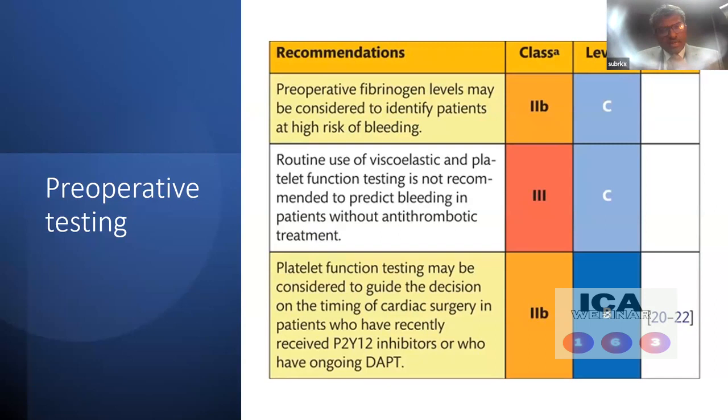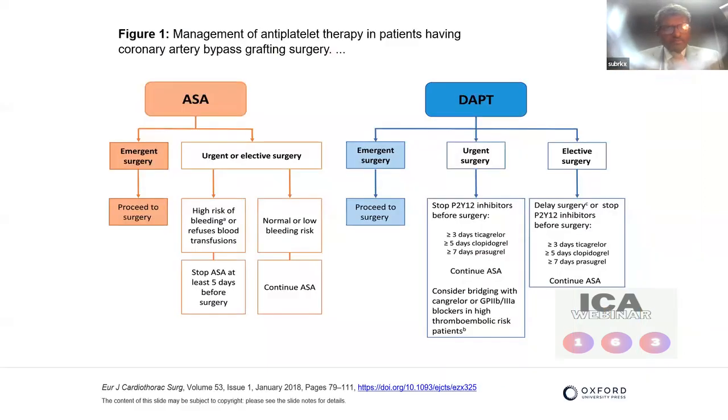Platelet function testing, like a P2Y12 assay, can be used in patients taking Plavix or other drugs which affect platelet function. It's an interesting recommendation from the European Society of Anaesthesiology and the European Association for Cardio-Thoracic Surgery. So fibrinogen is indicated, other testing may not be indicated.